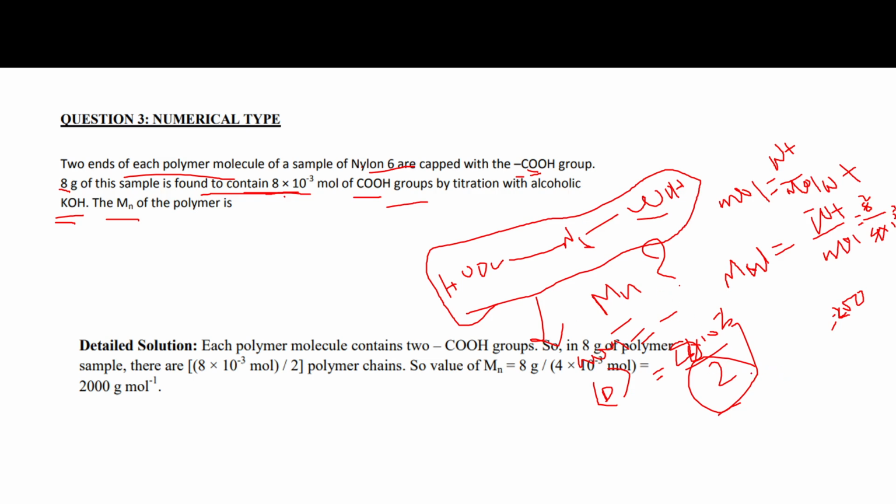From that we can calculate the number average molecular weight. With 8 gram and the concentration 8 divided by 2, that comes to 4 into 10 to the minus 3. From there we can calculate the molecular weight from the titration.